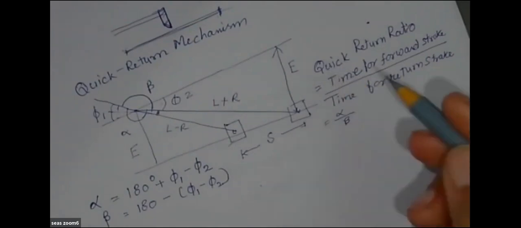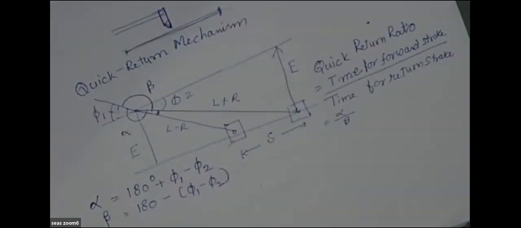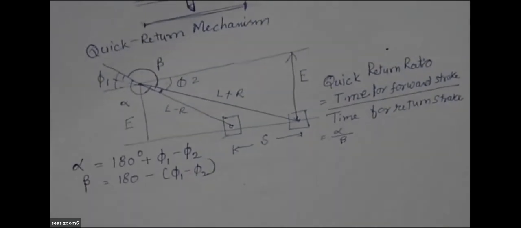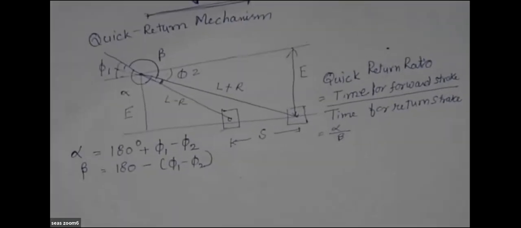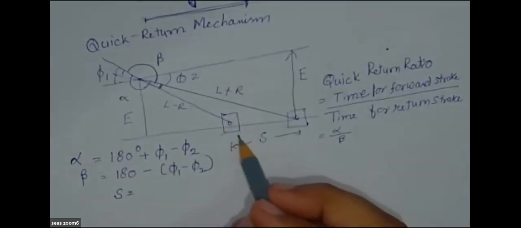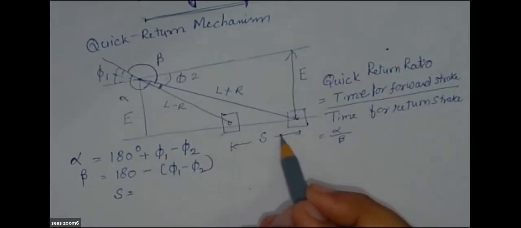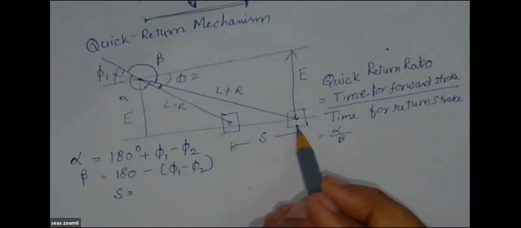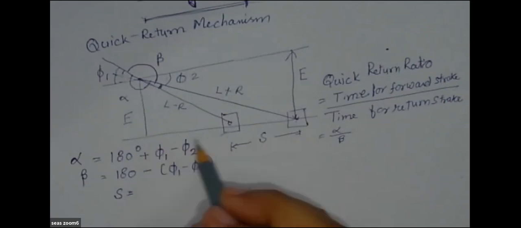Also see here what will be the stroke length. In case of inline slider crank mechanism, the stroke length was twice the crank length. So here the stroke length S कितना हो जाएगा? So S is nothing but this one. इसका मतलब है कि from this minus this length.